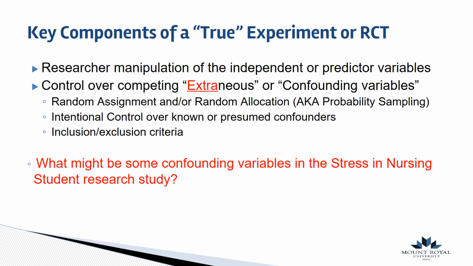So we're going to go on to look at the stress in nursing student research study when we get together in our synchronous, and we'll identify what some of the confounding variables might have been in that study. If we go back to the study where they tested the quit smoking program, you can think about different people coming into that study and their experience with smoking, how that could impact their success.